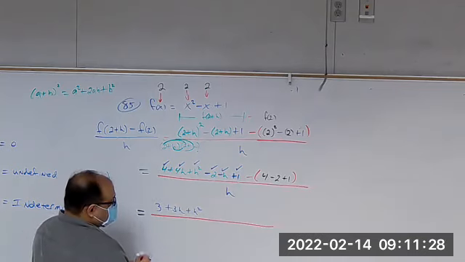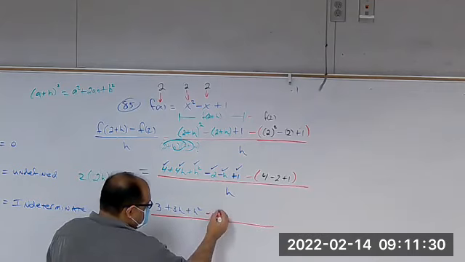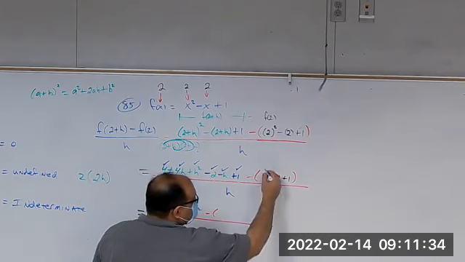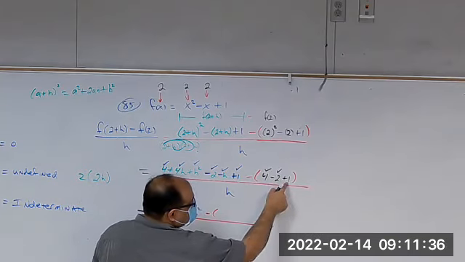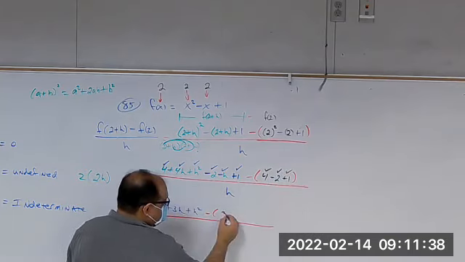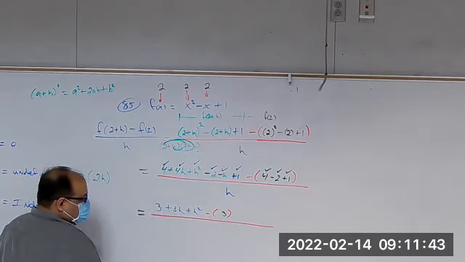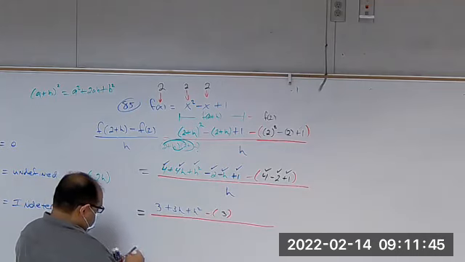And then I still have minus a parentheses. 4 minus 2 is 2. 2 plus 1, we get 3, all over h.